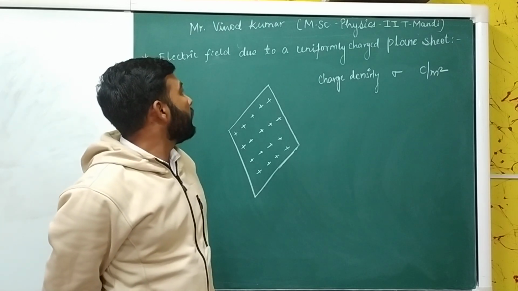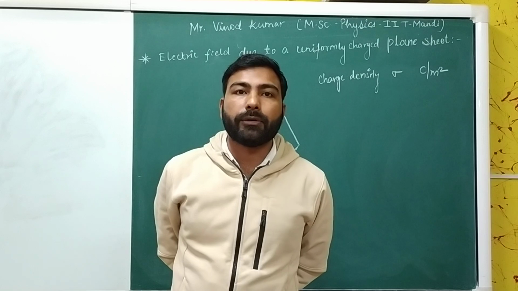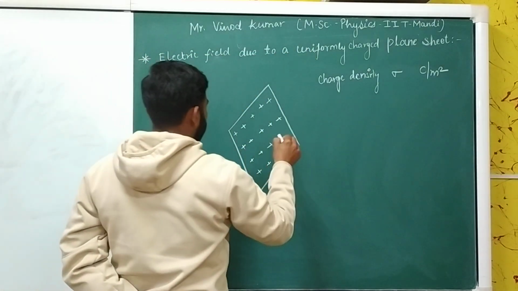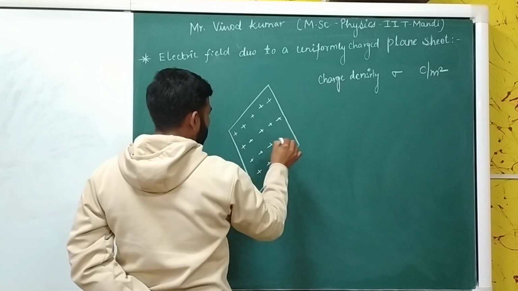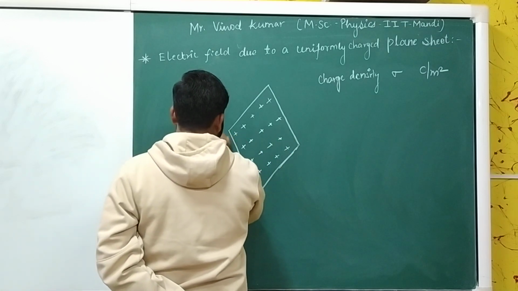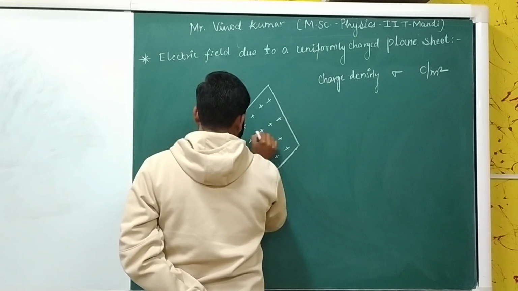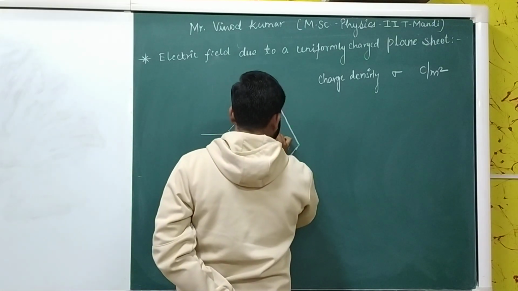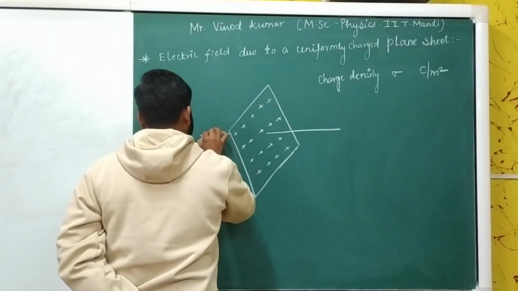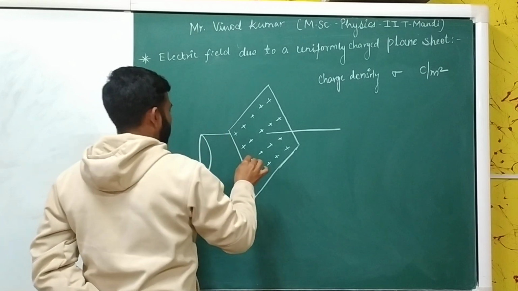And the electric field due to a uniformly charged plane sheet, we are going to derive. Let us assume that there is a Gaussian surface of cylindrical shape of radius r.